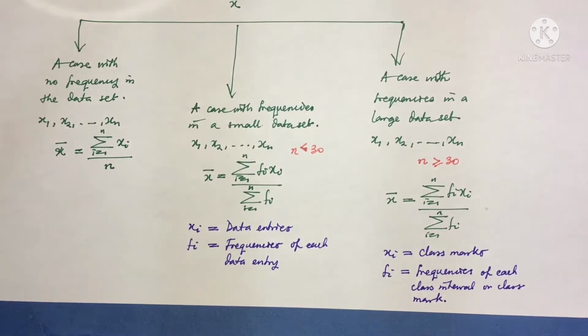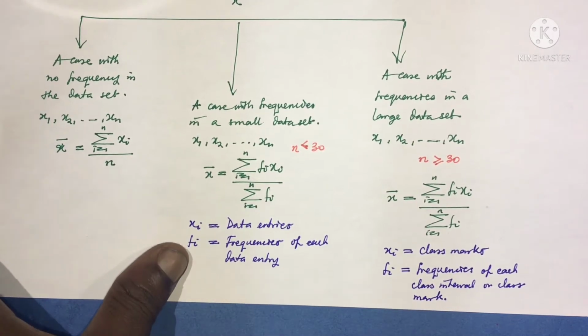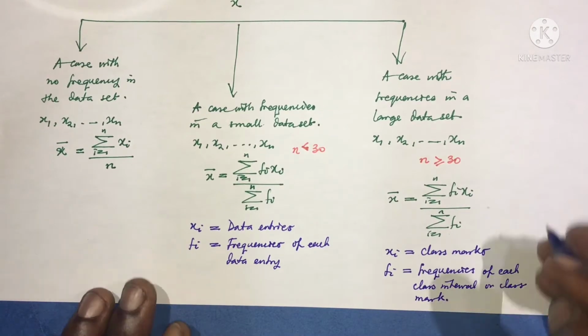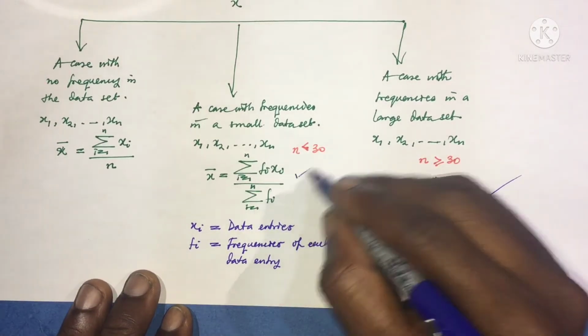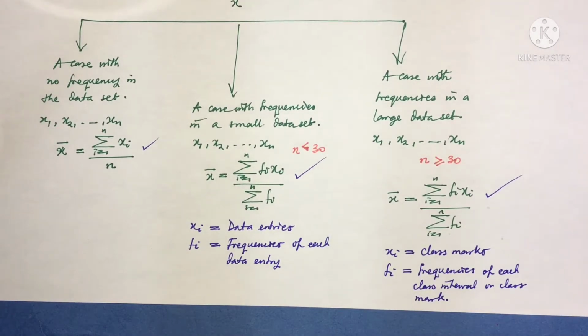By this we mean that the frequencies represent the number of data entries in a class interval. These formulas were called the normal method for obtaining the arithmetic mean.